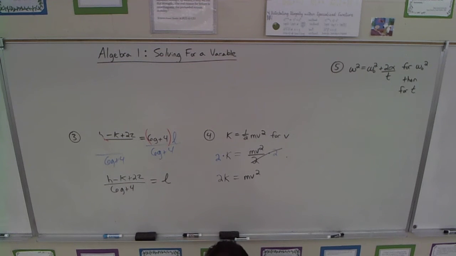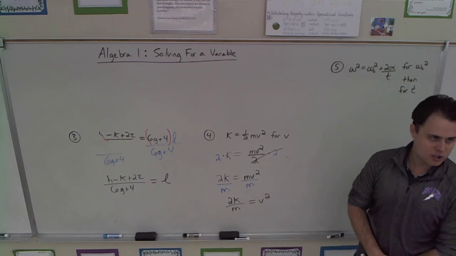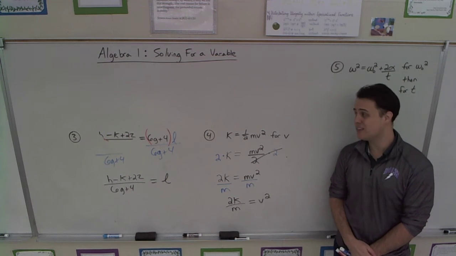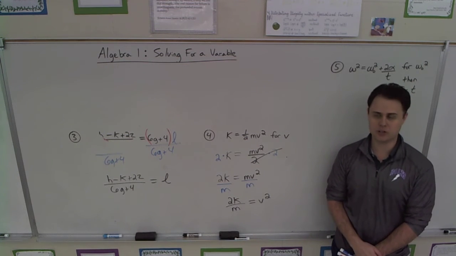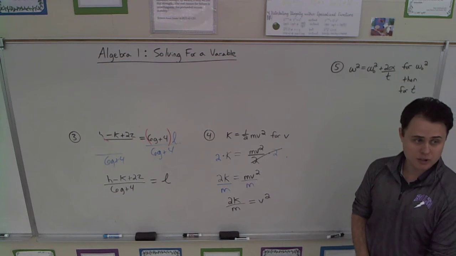Now we want v by itself, so what's next? Divide by m. So then we have 2k over m equals v squared. And now you guys haven't done this operation yet because we've been solving linear equations, and this one technically is not a linear equation, it's a parabolic equation, which we'll be spending multiple months on next semester.